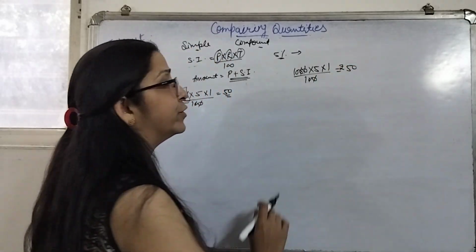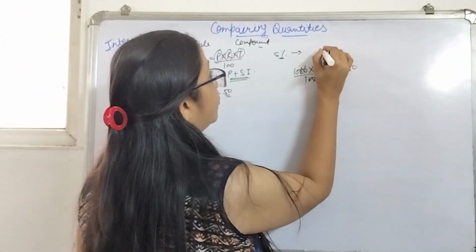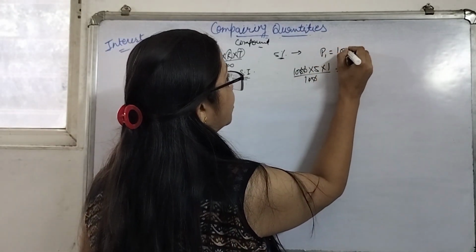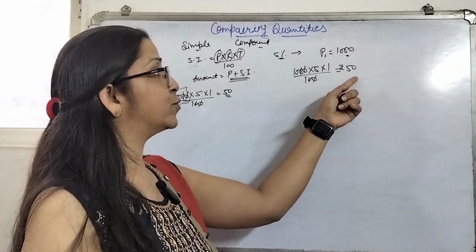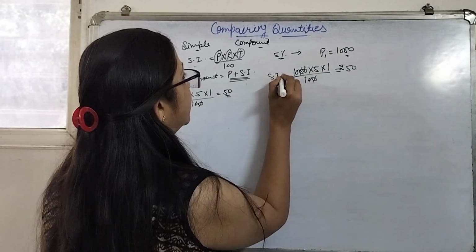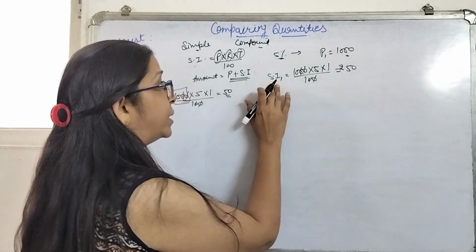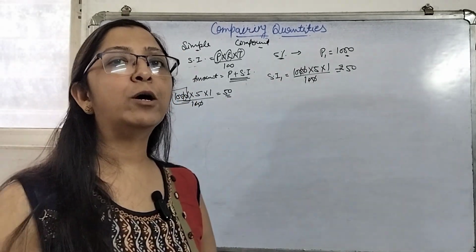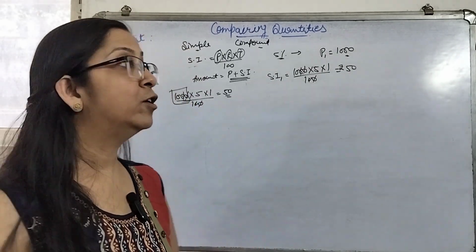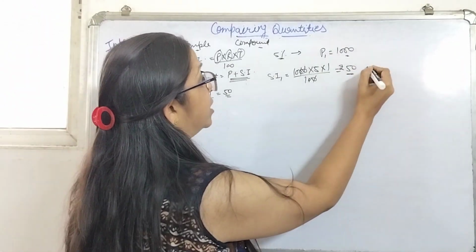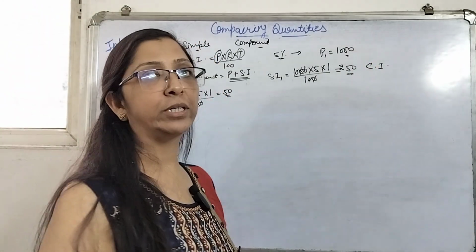Principal for the first year is 1000 rupees, and the interest for the first year is 50 rupees. Simple interest and compound interest for the first year are both the same. For the first year, there is no change.